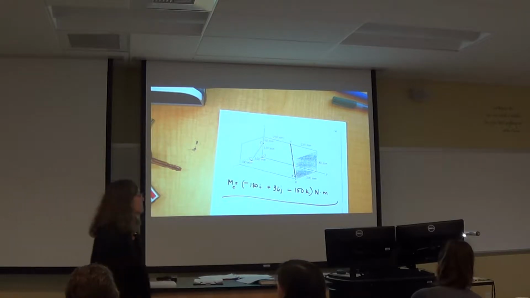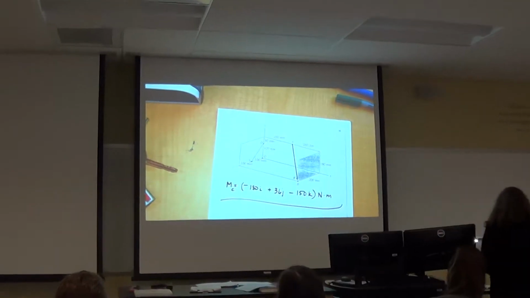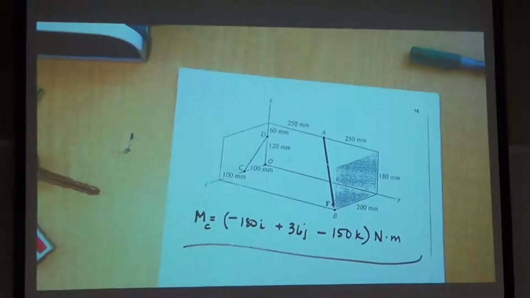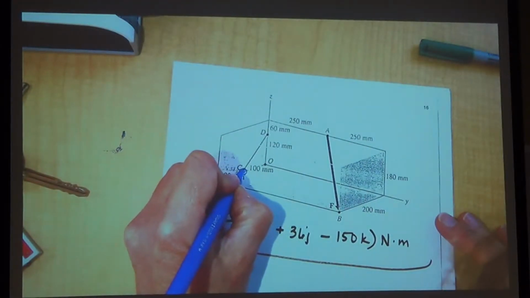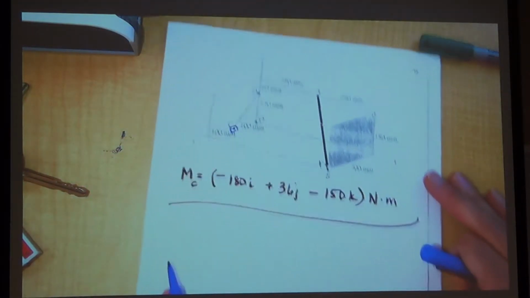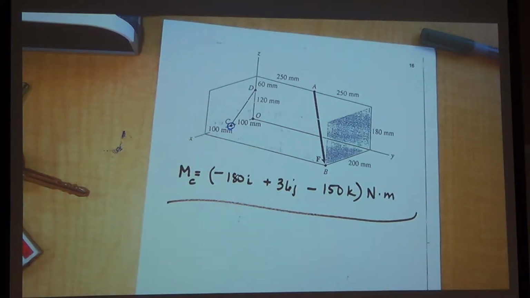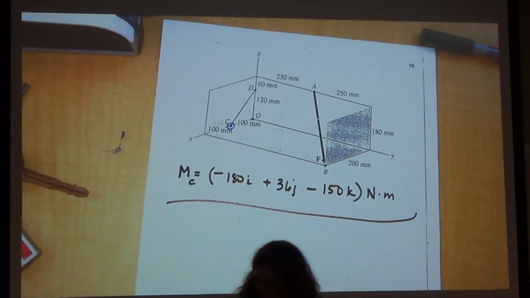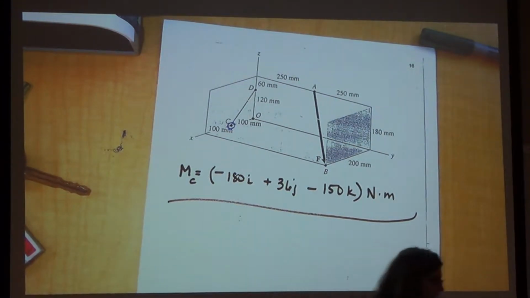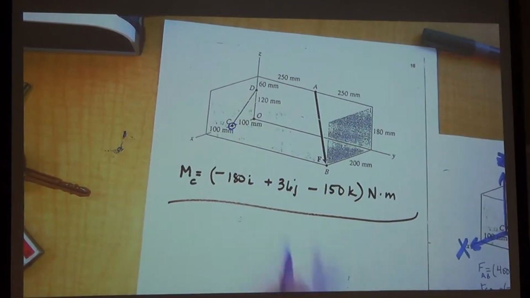Okay? So we already solved this problem. We found the moment about point C due to this force vectorially. And let's just write down what the force was.